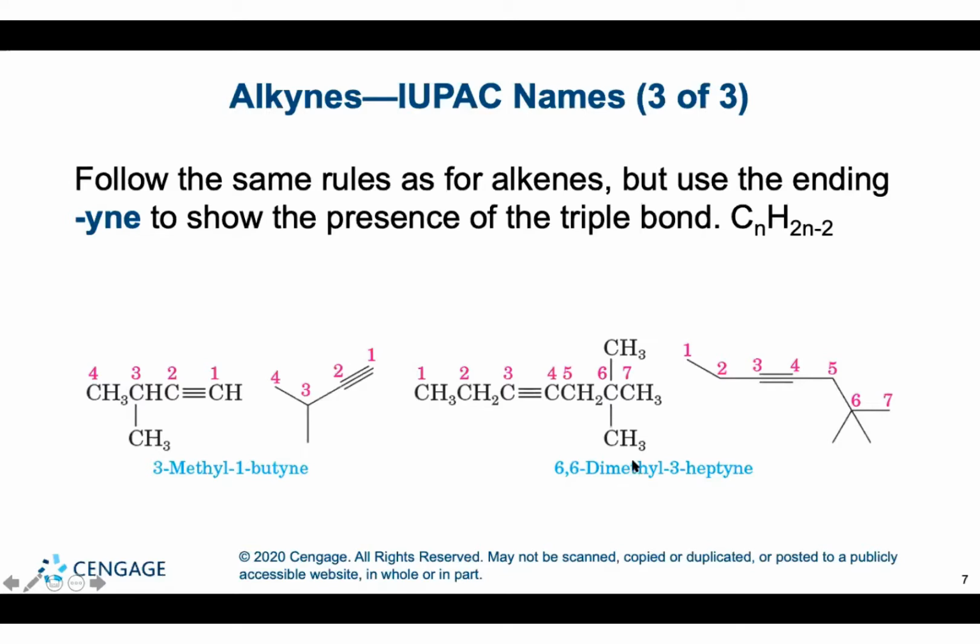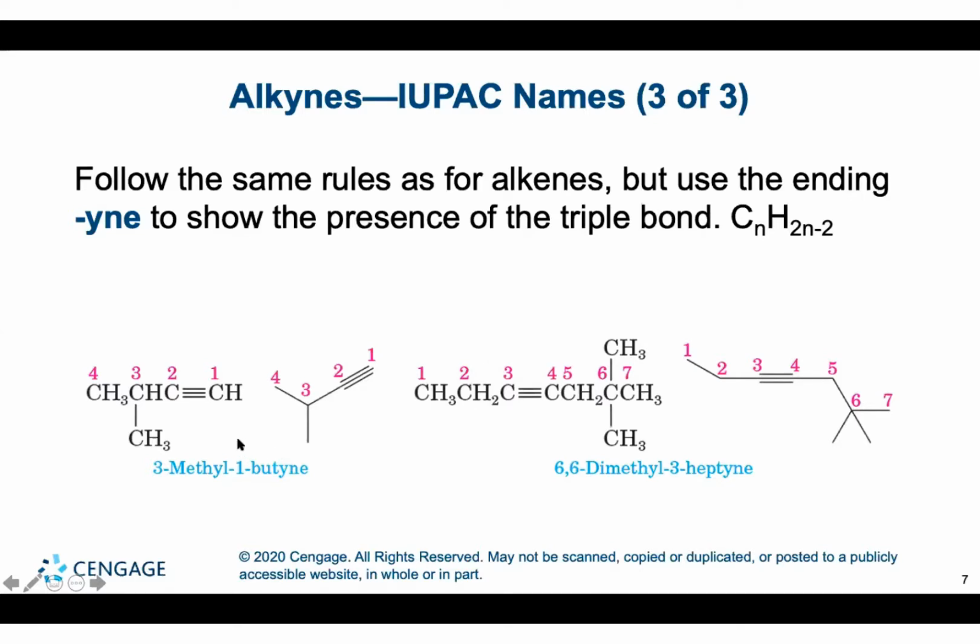Then, if you remember, we should start with branches first because they are alkenes. So it's gonna be 6,6-dimethyl 3-heptyne because we should name from the carbon that gets the lower numbering.